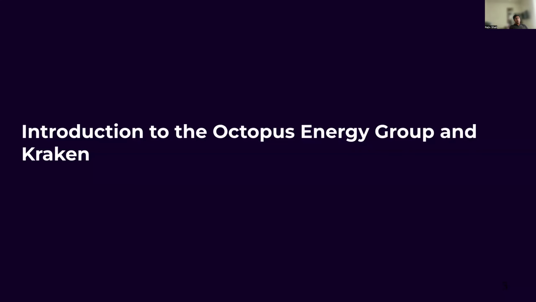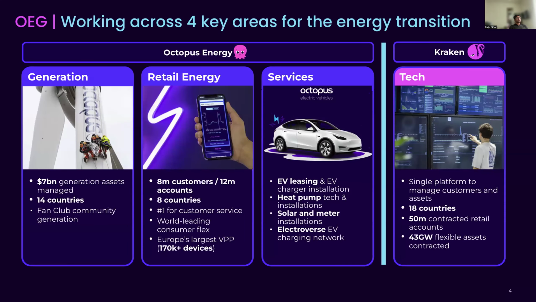So first, quick intro to Octopus Energy Group. We're working across four key verticals in the energy transition. And I should just pause for a second and note that the company Octopus Energy Group was founded by some really tech-centric founders whose experience was not necessarily in the energy sector per se.